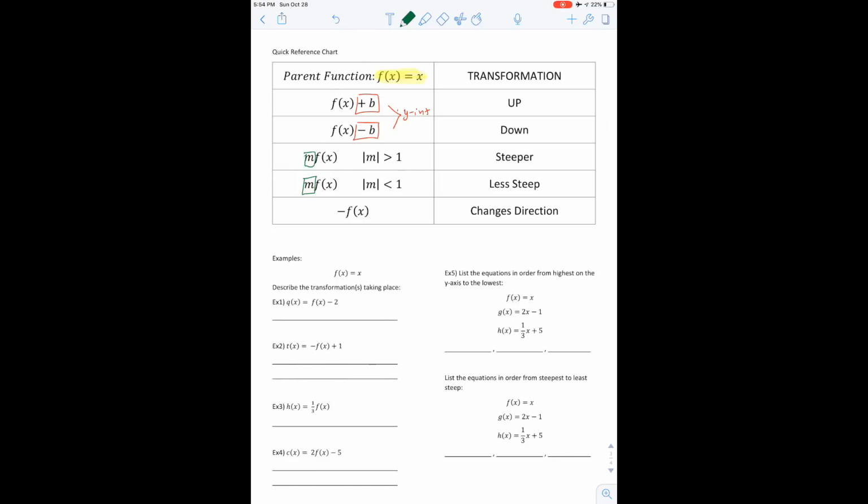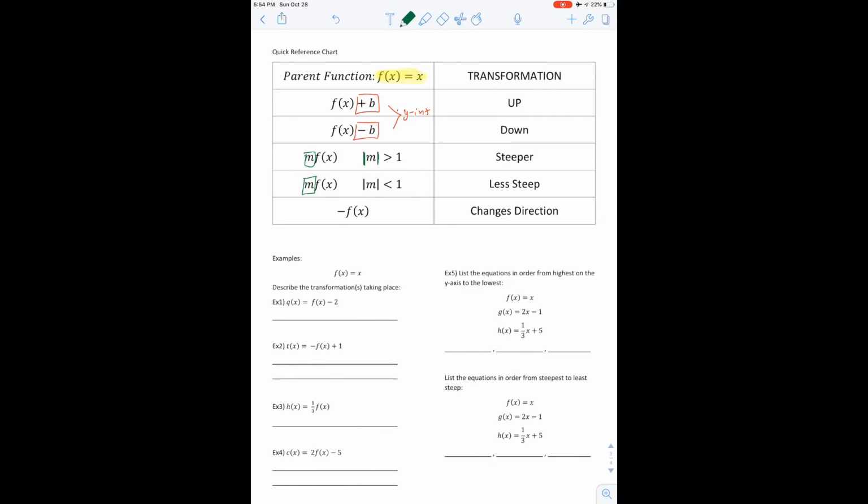Now I want to talk about these bars that are around the m right here. These bars stand for absolute value, and the reason we have that is because if we have a negative number, we learned on that last example that all that really does is make it change direction.